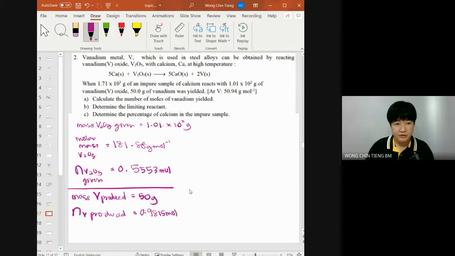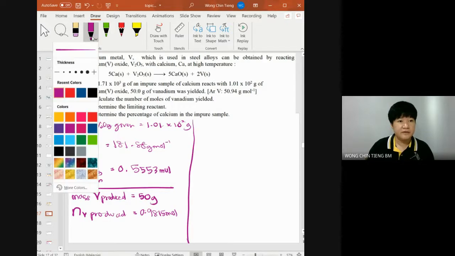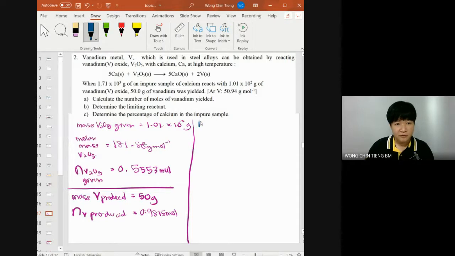So from equation terus sekarang. From equation we'll be comparing your vanadium. So saya ambil vanadium duduk kat kiri. 2 mole vanadium will be produced from 1 mole of vanadium oxide.